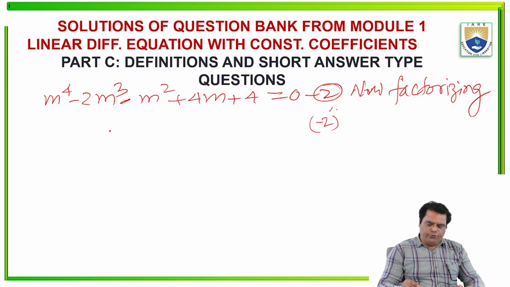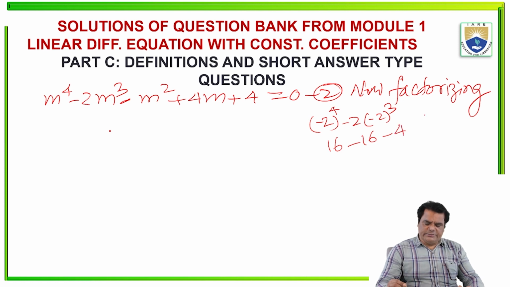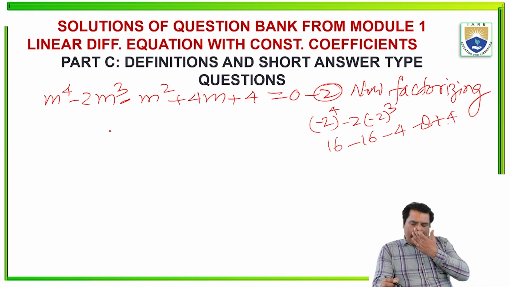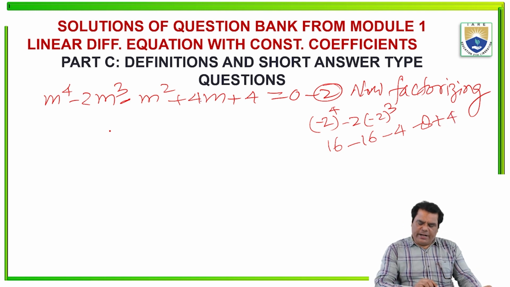Minus 2 into minus 2 cubed, so here is plus 16, and here 2 2s are 8, minus 16, and here minus 2 squared means 4, and here minus 2 means minus 8, plus 4. Here is minus 2, minus 8, and here is minus 2.